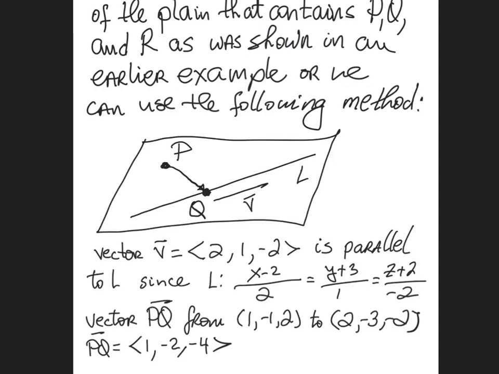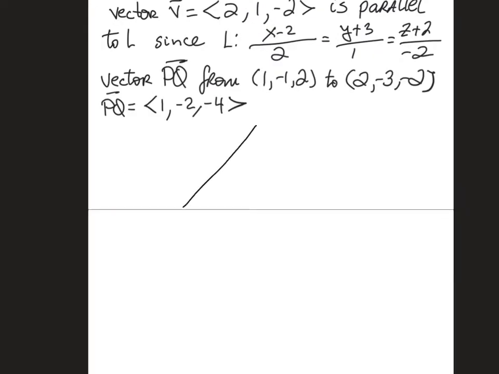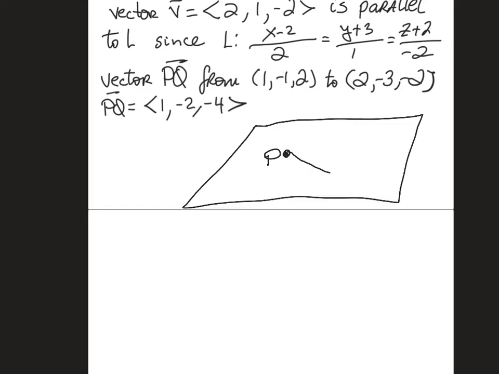Now let's draw vectors PQ and V together with the same initial point P. Both of these vectors lie on the plane whose equation we're looking for.